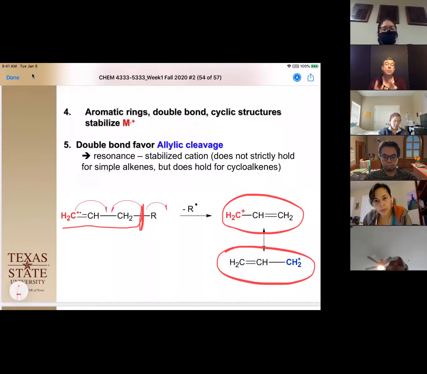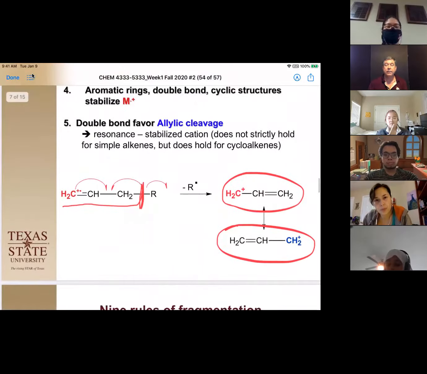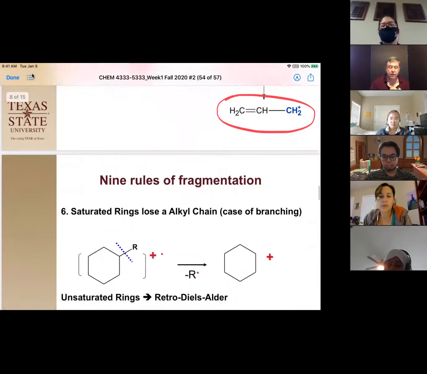And so that makes it a much easier fragment. So you're going to see with double bonds, especially terminal double bonds, the breaking off of 3 carbons and 5 hydrogens as a major fragment in your system. And if it's in the middle of a chain, you might actually see it be 3 carbons and 4 hydrogens instead.